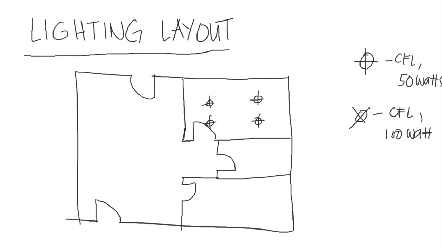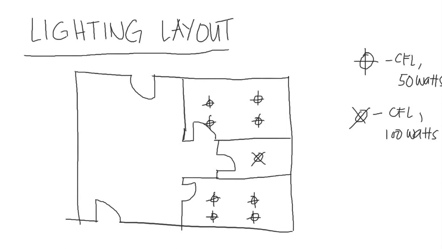I don't know if it is available in the market, but assuming there is a CFL 100 watts. So in this CR, I'll be using CFL 100 watts. And in this room 2, I will be using 4 CFL 50 watts. So there it is, the lamps for the rooms and for the CR.